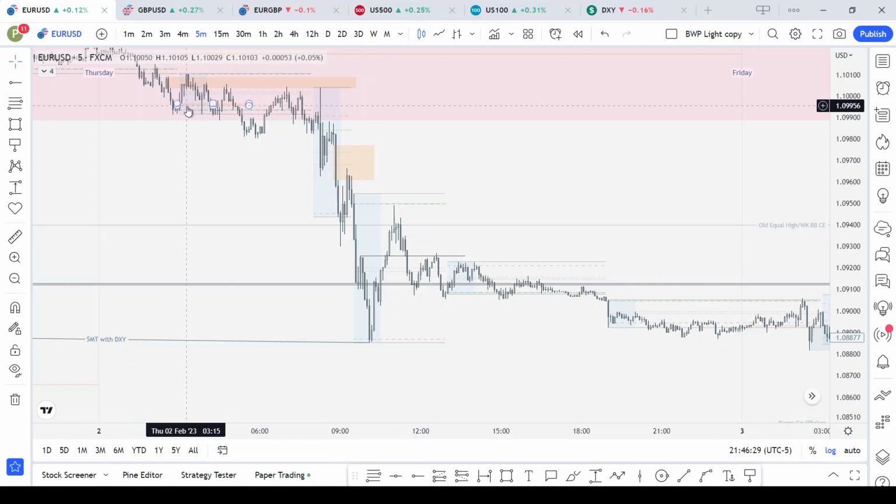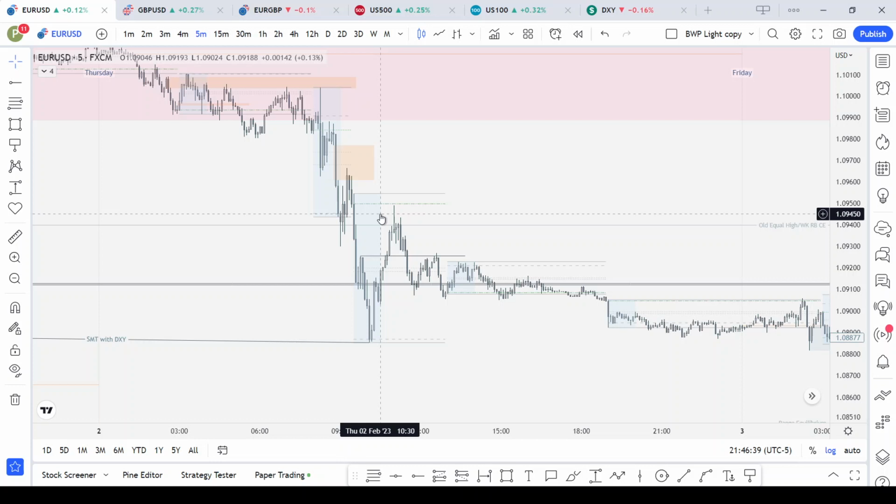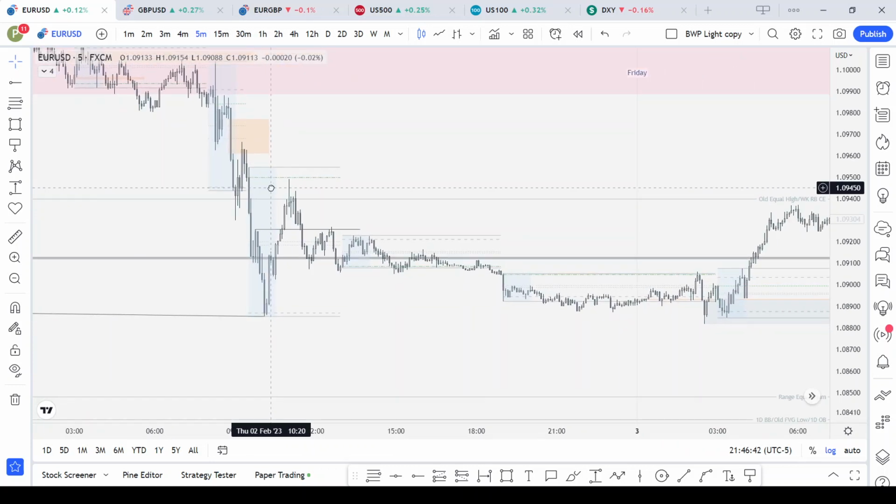So we have the London TR candle, the New York TR candle, the AM session TR candle, and 1 to 2 p.m. is the PM TR candle.